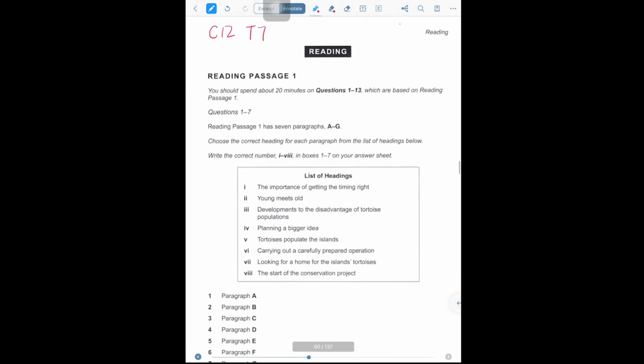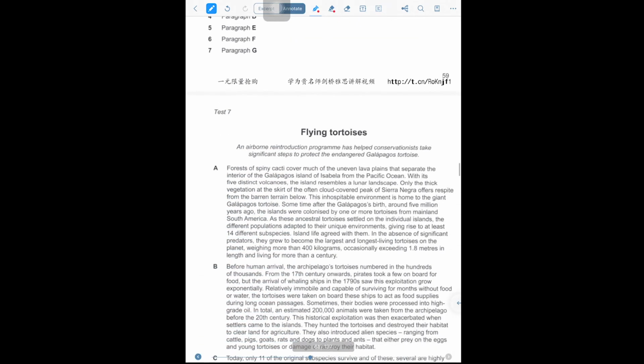The first passage has matching headings, well, which I hate. Flying tortillas, I'm not so sure about these words. An airborne enriched doctor program has helped conservation take significant steps to protect the endangered. Okay, protect endangered species.